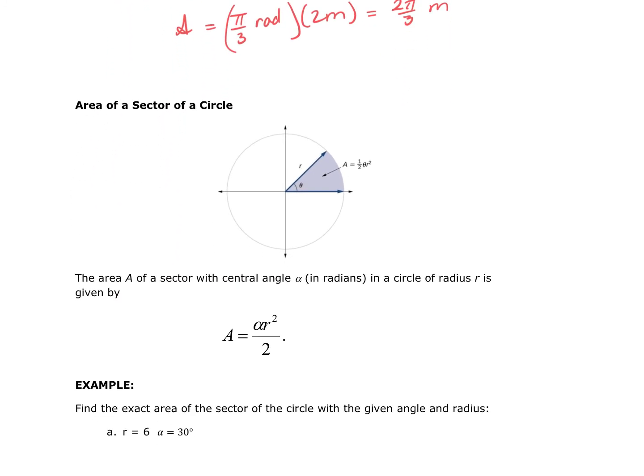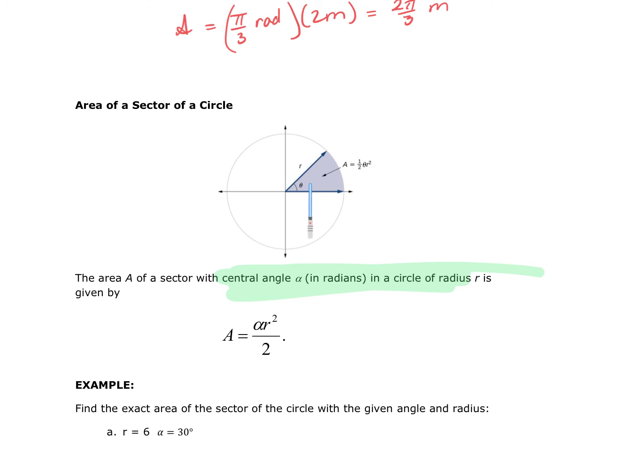The area of a circle, and again, pay attention right here. Radians. Almost everything we do is in radians. So now is the time to become really good at converting or being able to read a unit circle or something like that, because everything's almost always in radians.